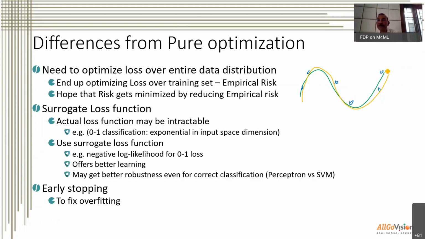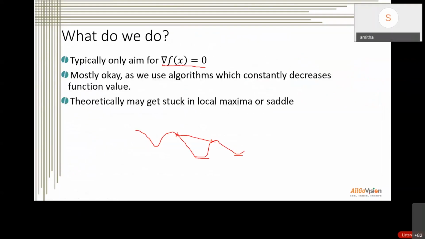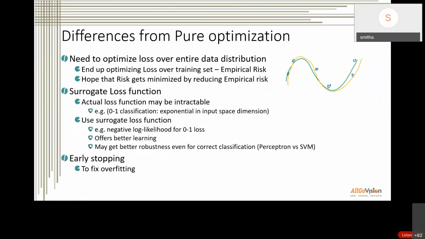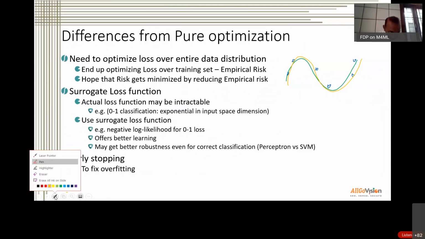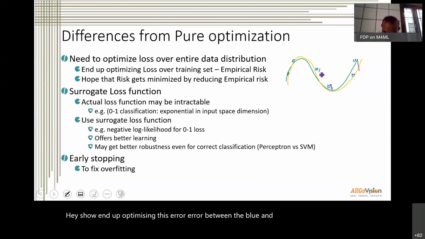Whereas we end up only optimizing this error, between the blue points and the curve we found.